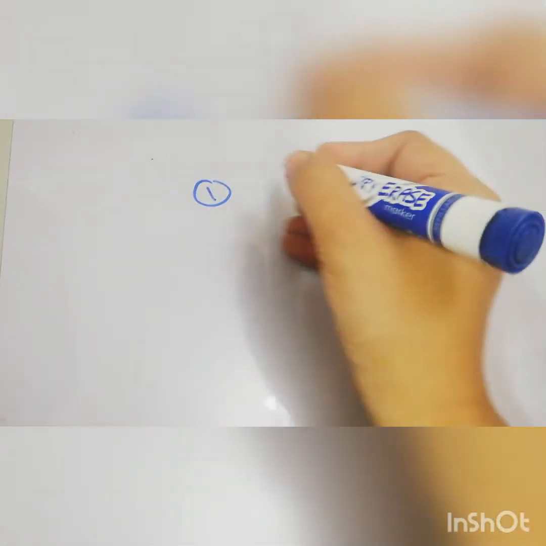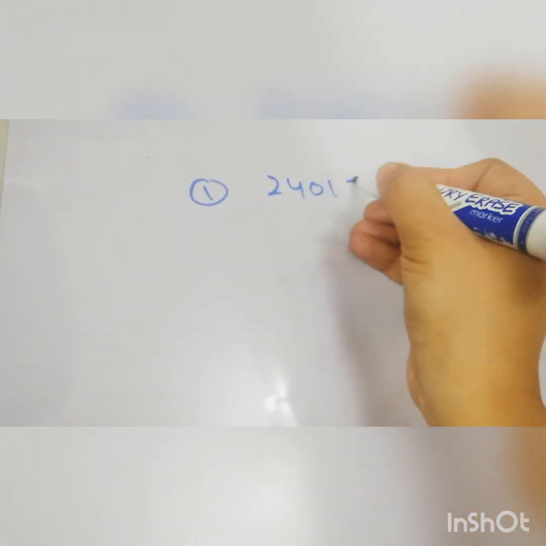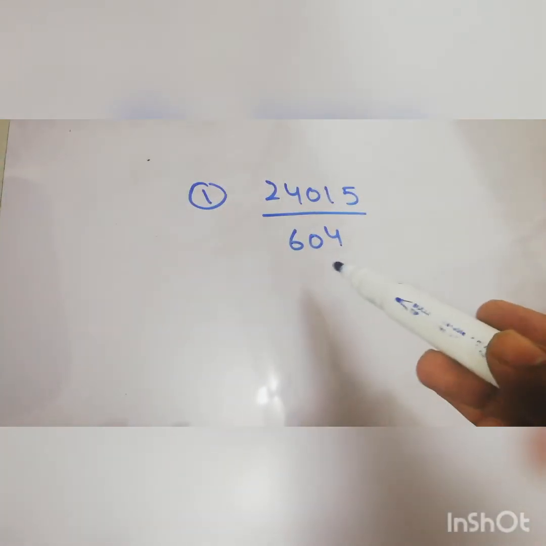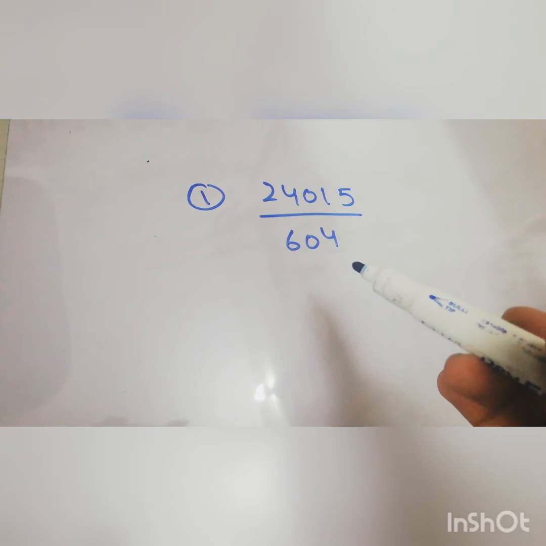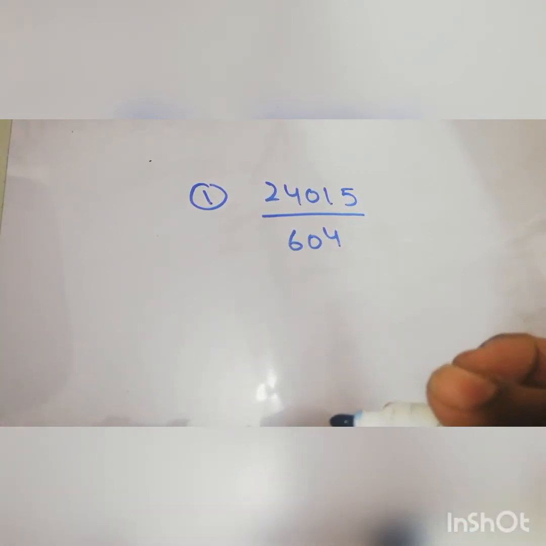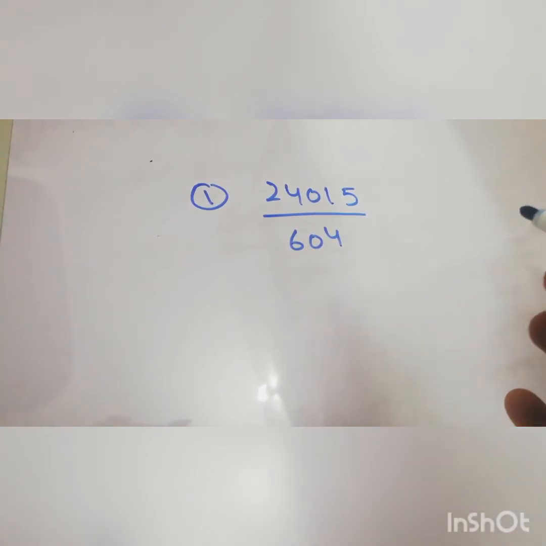Now friends, in type 2 my denominator will be greater than my base number. For example, if I have a 5 digit number 24015 and I have to divide it by 604, in my first step I will round off the numerator to its nearest 100, so it will become 24,000, and the nearest 100 of my denominator will be 600.